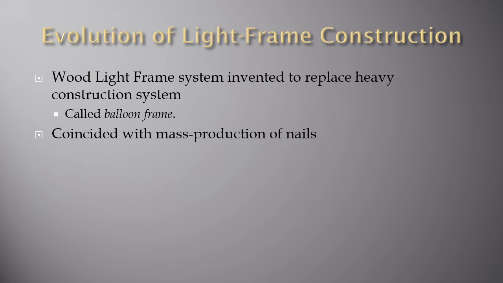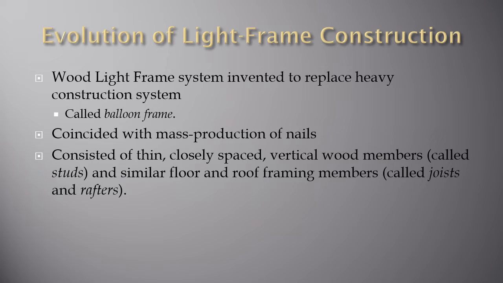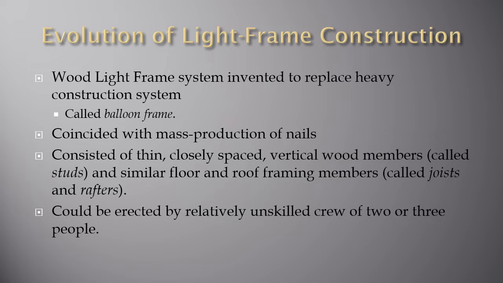And it coincided with the mass production of nails and consisted of thin, closely spaced vertical wood members, which we today call studs, and roof and floor framing members that are called joists and rafters. The benefit was that it could be erected by a relatively unskilled crew of 2 or 3 people, eliminating the need for the expert craftsman.